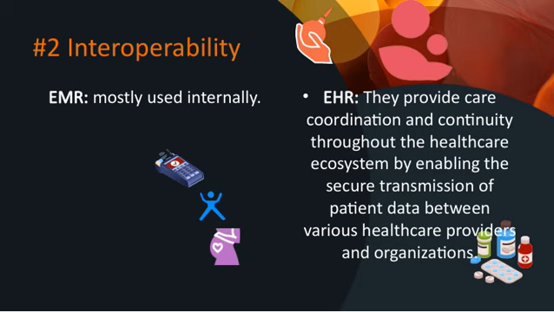This means that patient data can be securely transmitted between different healthcare providers and organizations, ensuring everyone has the information they need. This secure data sharing is essential because it helps improve patient care, reduces duplication, and enhances communication across the board. So, in the bigger picture, interoperability is about making sure that different systems can work together seamlessly, ultimately supporting better health outcomes for patients.